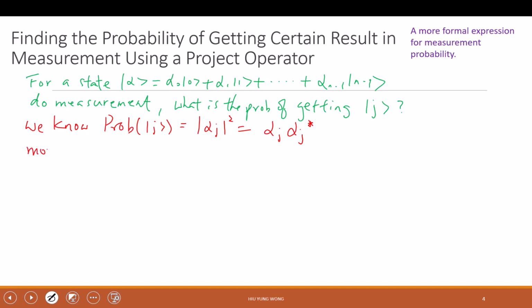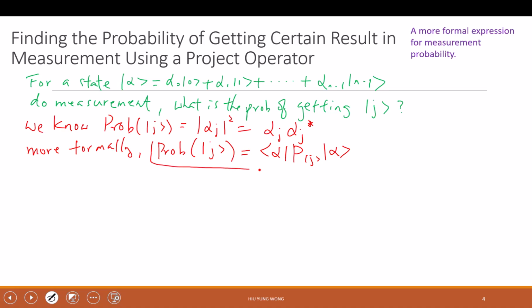But more formally, the probability that you will collapse to J equals <alpha| times the projection operator P_J times |alpha>, sandwiched. Okay, do you see that? Every time you see something like that, and you are not familiar with it, try to analyze again what you are seeing here. What is alpha here? It's a ket, so it's a column vector.